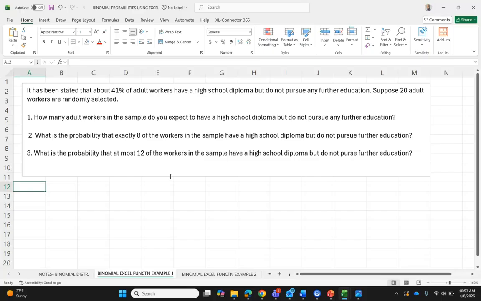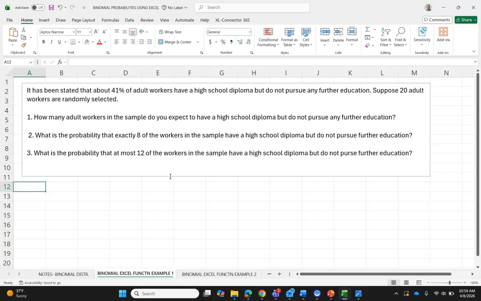How many adult workers in the sample do you expect to have a high school diploma but do not pursue any further education? What is the probability that exactly 8 of the workers in the sample have a high school diploma but do not pursue further education? And finally, what is the probability that at most 12 of the workers in the sample have a high school diploma but do not pursue further education?